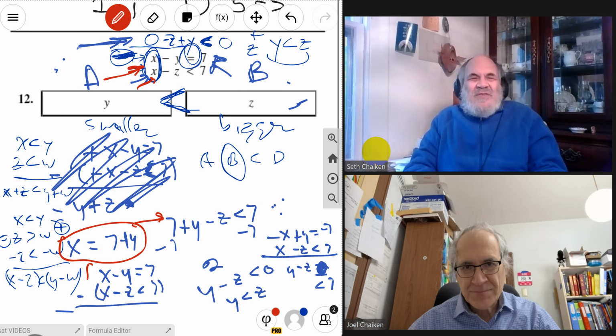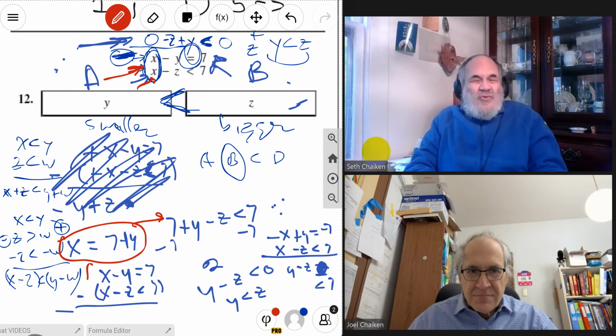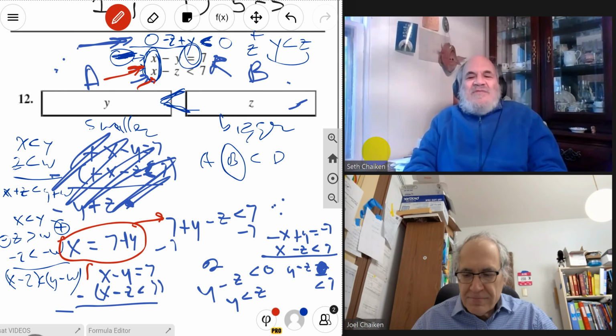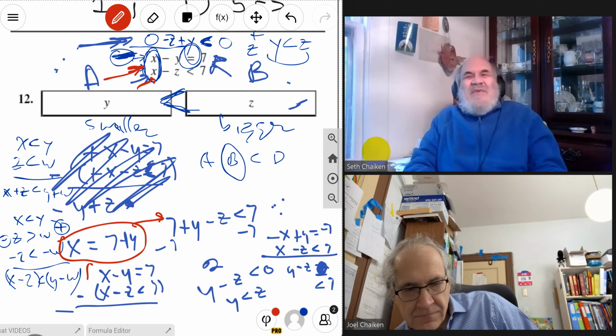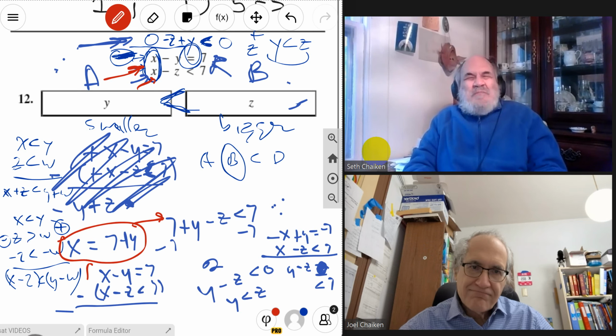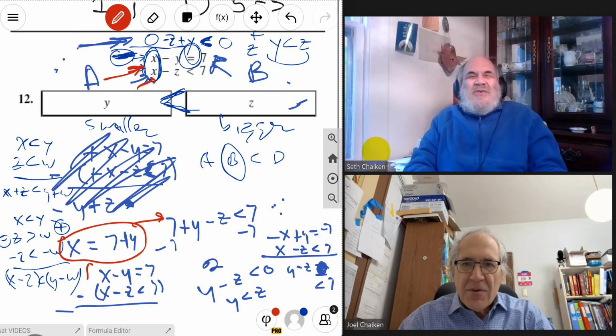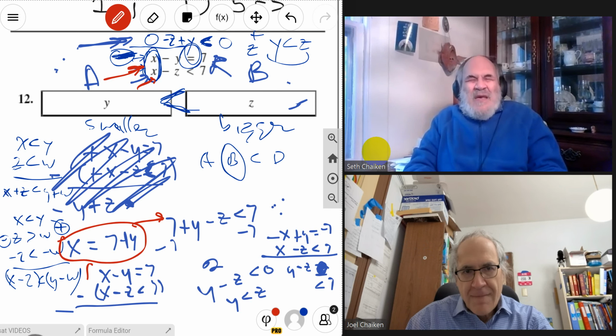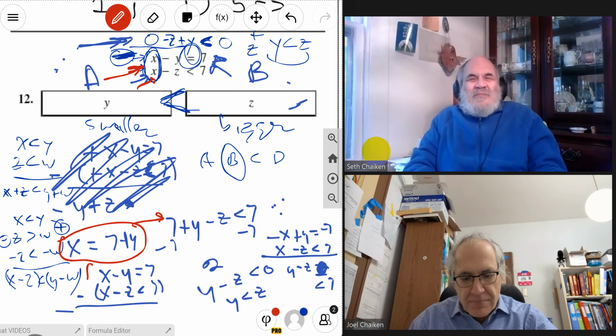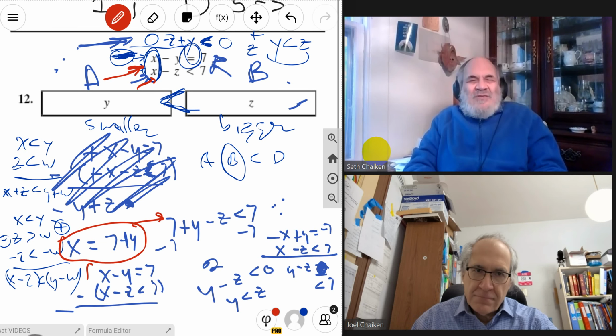The expressions in the boxes do not involve X, but the data does involve X. Wouldn't it be great if you could get rid of the X? Well, that's what Joel did. Solve for X in one equation, and then substitute that solution into the other equation.